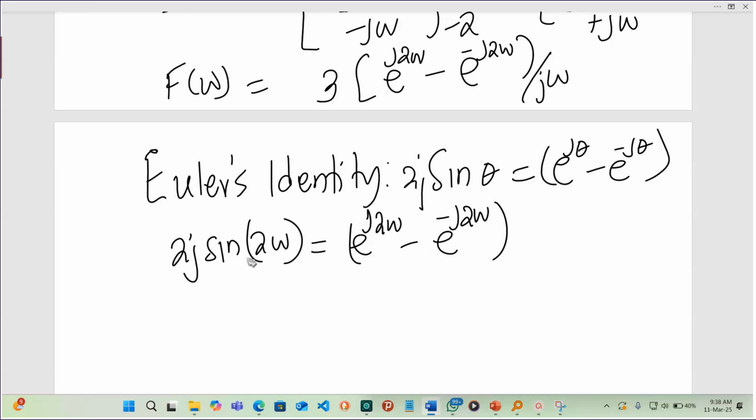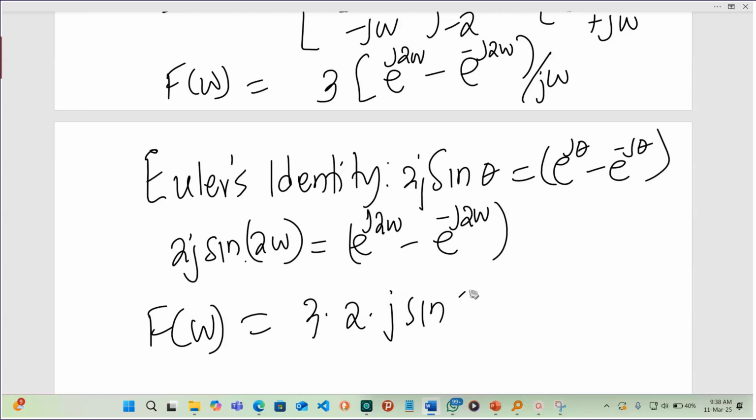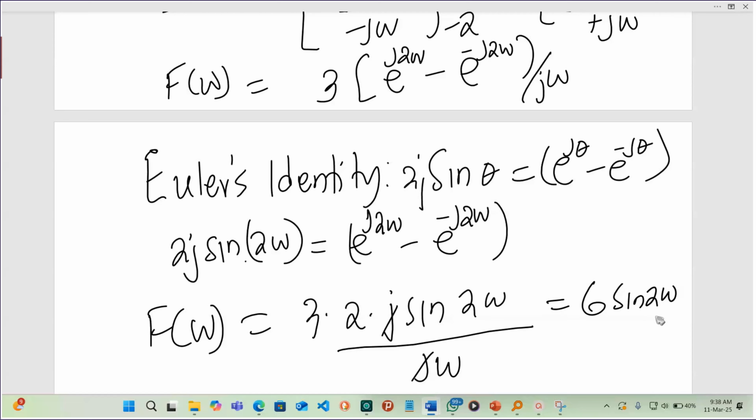So I just substitute this here, and our Fourier transform will therefore become 3 times 2 times j sine 2 omega divided by j omega. So this and that will go. I'll have 6 sine 2 omega divided by omega.